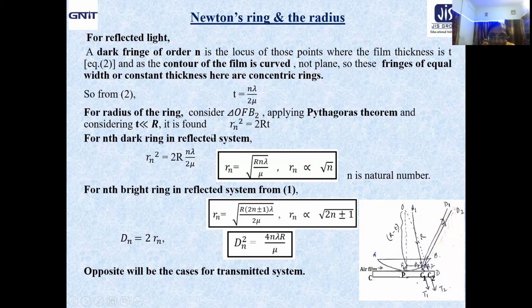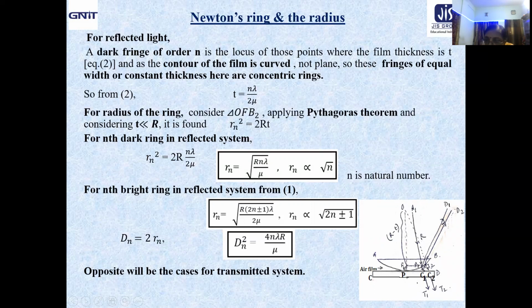For the radius of the ring, let us consider this triangle OFB2, which is a right angle triangle, where OB2 is capital R, the radius of curvature of this convex surface of the plano-convex lens. What about OF?